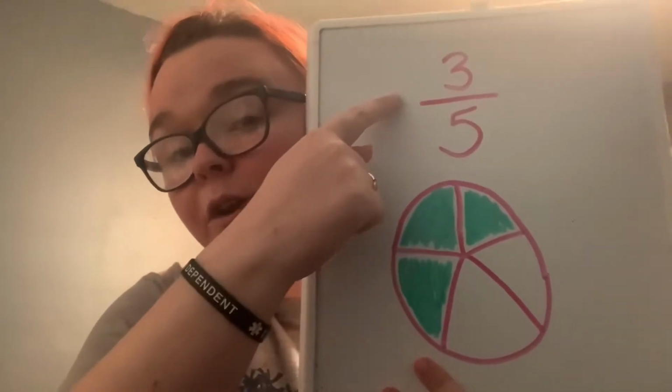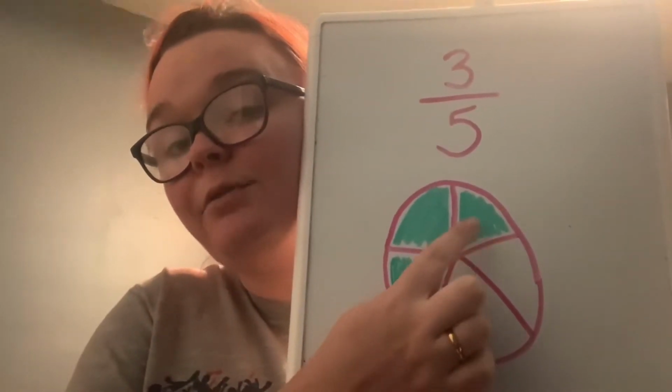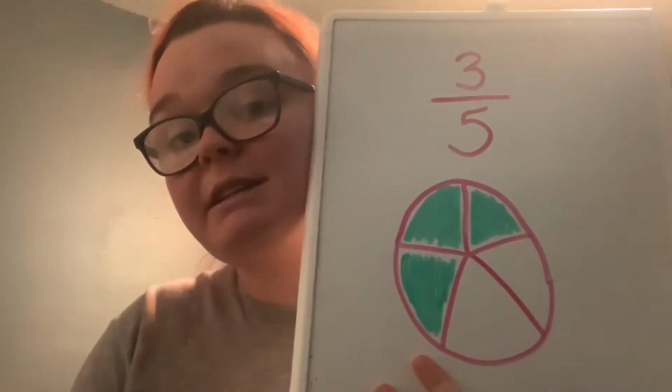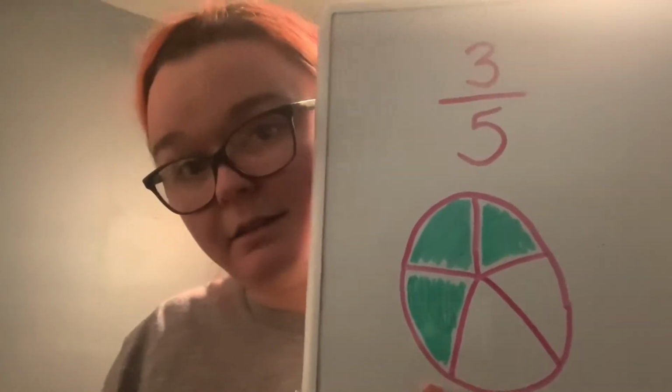Then the numerator is 3, so we have 1, 2, 3 of the sections shaded in. Again, we are more focused on you knowing how to illustrate the fraction than on drawing perfect circles or shading in perfectly.